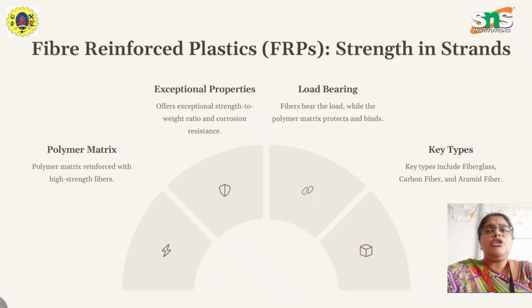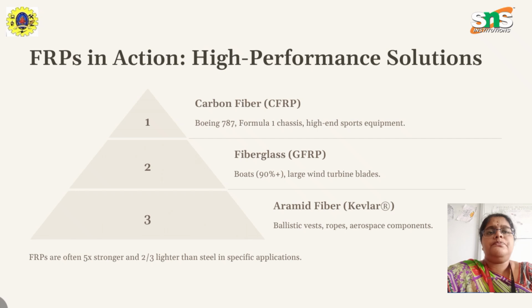FRPs offer an exceptional strength to weight ratio and corrosion resistance. For load bearing, the fibers bear the load, while the polymer matrix protects and binds them. The key types include fiberglass, carbon fiber, and aramid fiber, which are the most important types of FRPs.